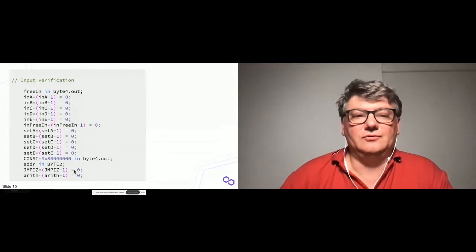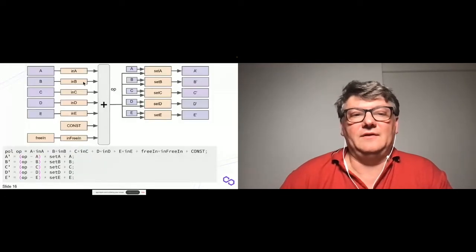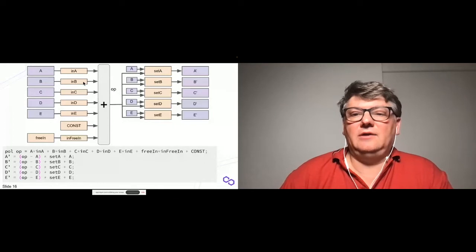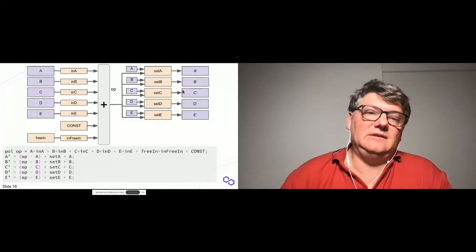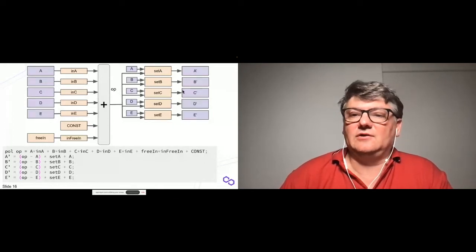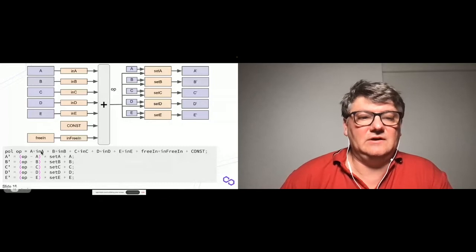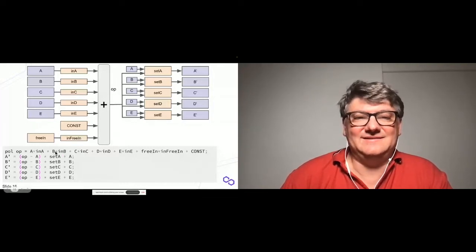Let's go to the first interesting thing. Imagine that we want to do a move. This is part of the instruction. Imagine that we want to move A to C. In this case, inA is going to be 1 and setC is going to be 1. We create this operator, selecting inA, inB, and inC: we add A if inA is 1, B if inB is 1, and C if inC is 1.